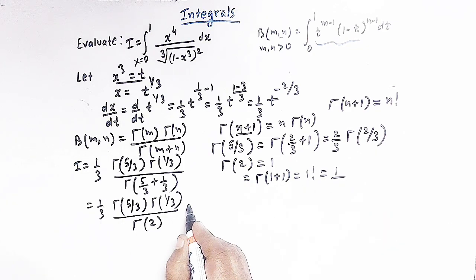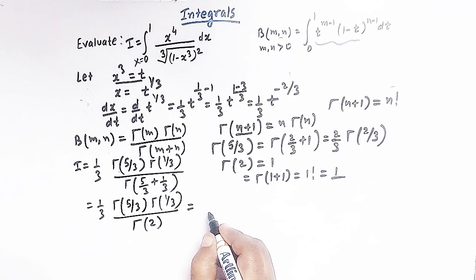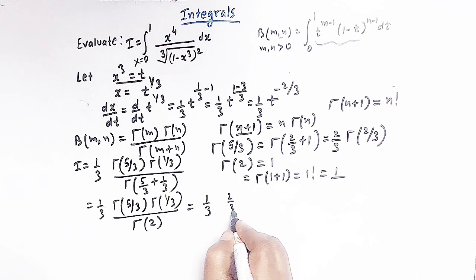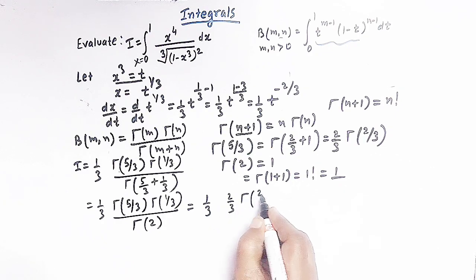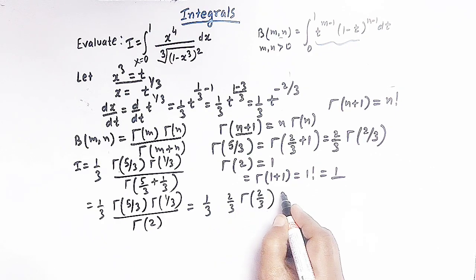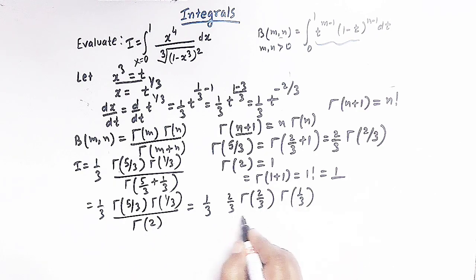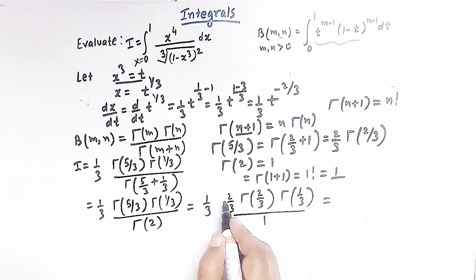So now we can write this expression as 1 over 3 gamma 1 5 by 3 can be written as 2 over 3 gamma 2 over 3, and then we have gamma 1 over 3, and in the denominator we have 1.